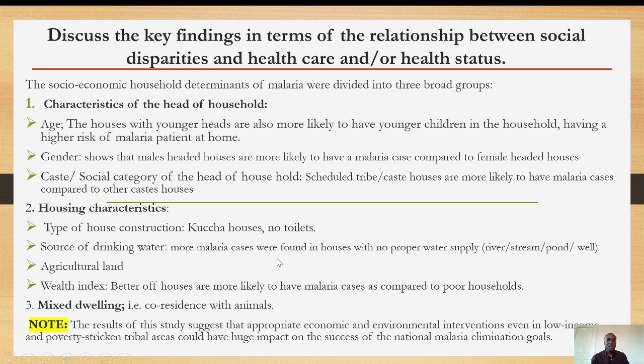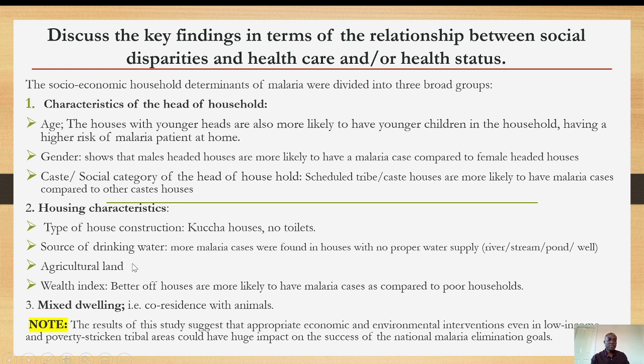On drinking water, people who were getting water from outside, from streams, rivers or ponds, turned out to have more malaria cases compared to people using tap water. This could probably be due to stagnant water bodies, or going outside exposes your body to more mosquitoes.